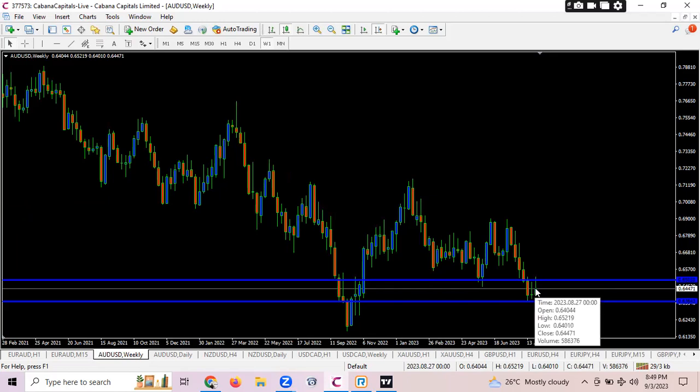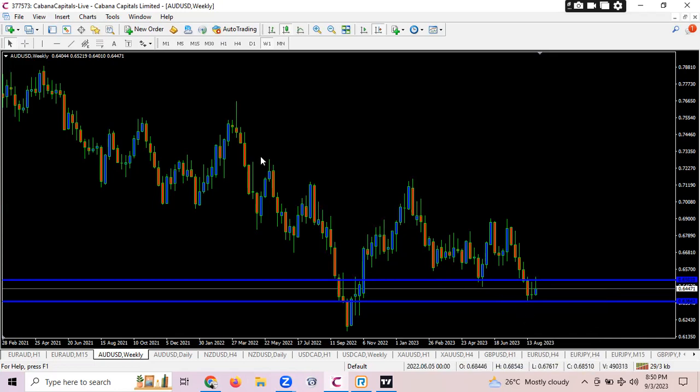So since last week candle closed bullish, it indicates that the trend has changed from bearish to bullish, because last week candle closed bullish after a doji. So if we go by the weekly price action, Australian dollar USD is bullish.